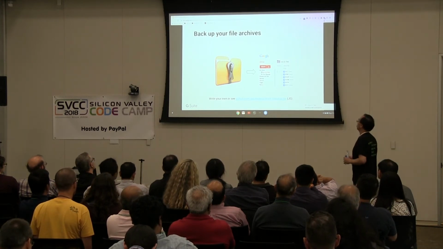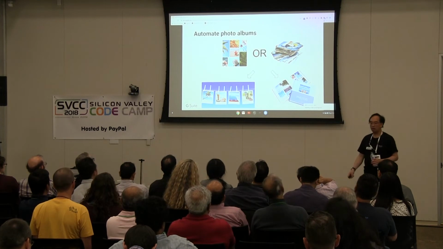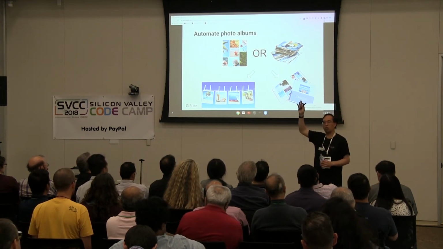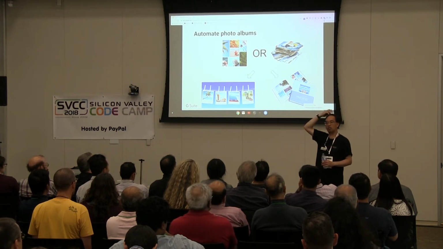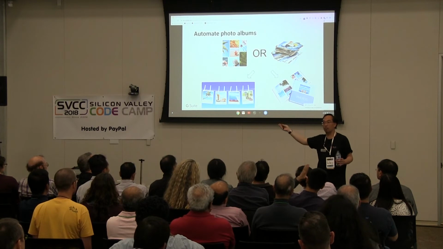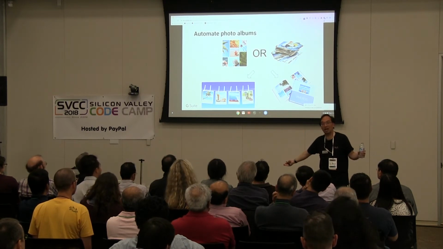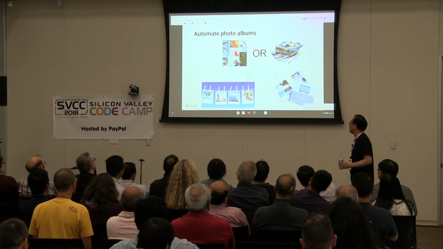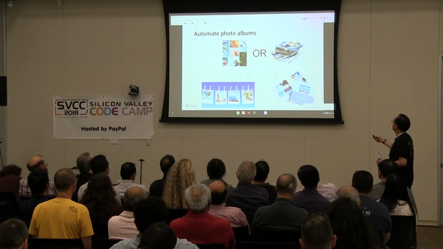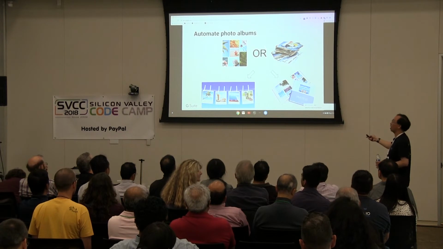Another example of what you can do with the Drive API: how many people, when they get home from vacation, dump their entire camera or mobile phone into a giant 2 terabyte hard drive at home? They're safe, but are they organized? Are you ever going to look at them again? That's crazy, you don't want that. So instead, you can take something like this, sitting in your Drive folder.